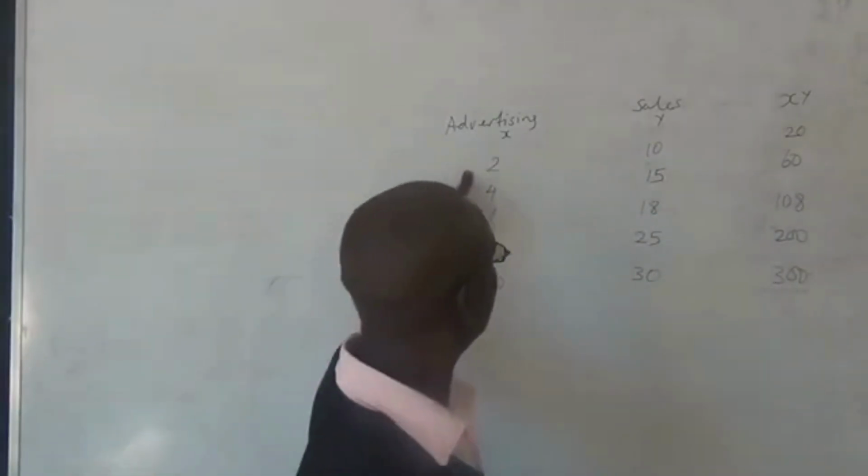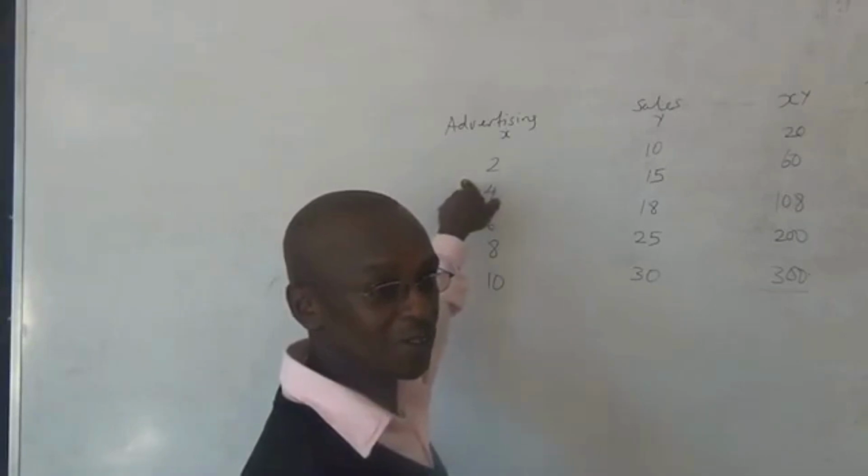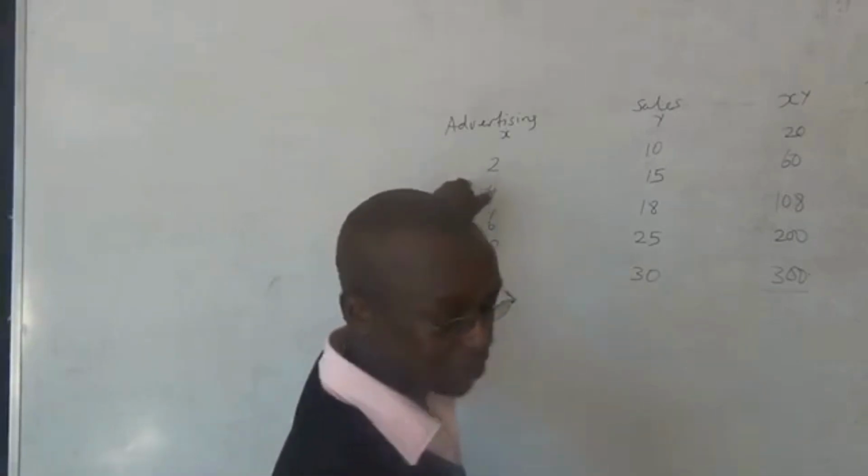X squared ni nini? Ngapi? 4, 16, 36, 64, 900.